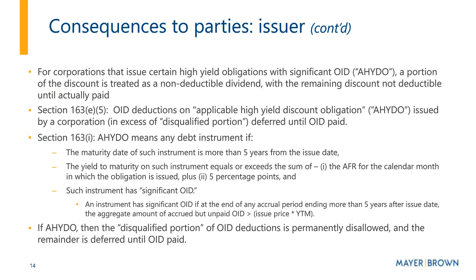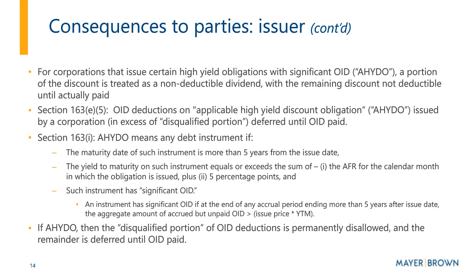All right, so let's take a look at the AHIDO provisions on slide 14. AHIDO stands for Applicable High Yield Debt Obligation. If you have an AHIDO, then a portion of the discount is treated as a non-deductible dividend, and the remaining piece is not deductible until paid.